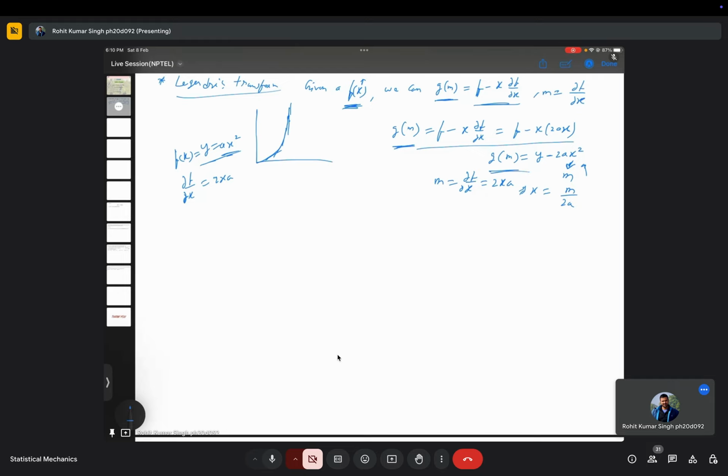Similarly, if you have studied classical mechanics, there you have the Lagrangian, which is a function of q and q dot, the generalized coordinates and their time derivatives. And then we do a Legendre transformation to obtain the Hamiltonian, which is a function of q and p, the generalized momentum. So we basically replace q dot, and the recipe that we use is the same as this one.